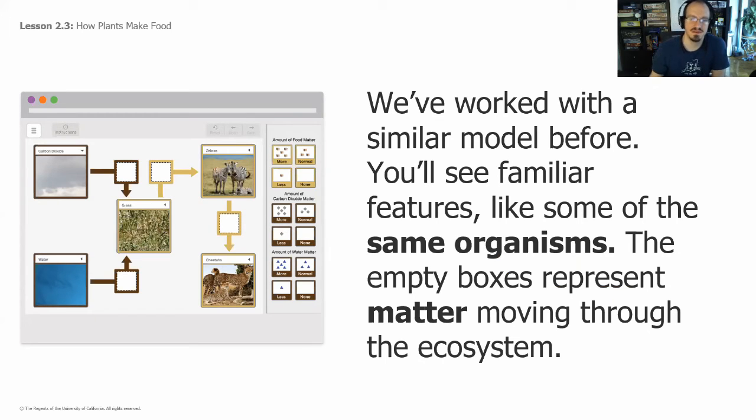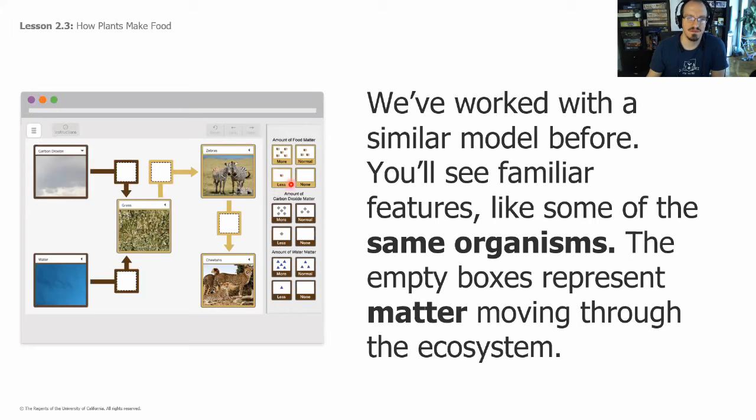You'll see some similar figures with some of the organisms over here. All right, so in the previous one, we saw the zebra, we saw the grass, we saw the cheetahs, and we also had these empty boxes that represent matter moving through an ecosystem.